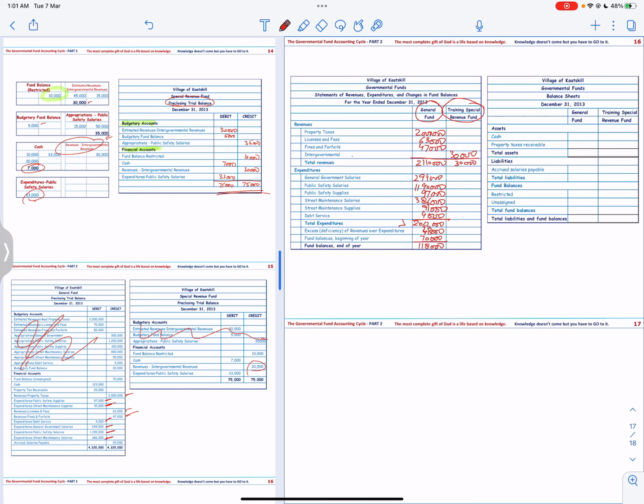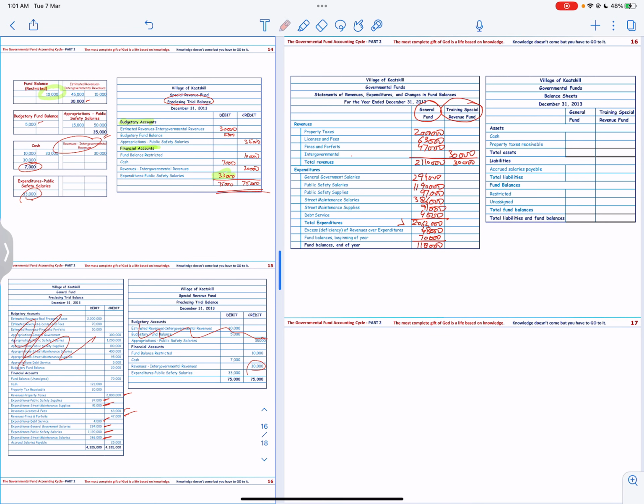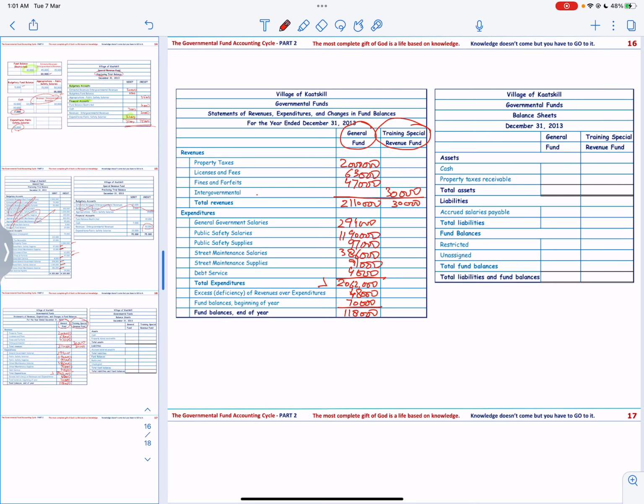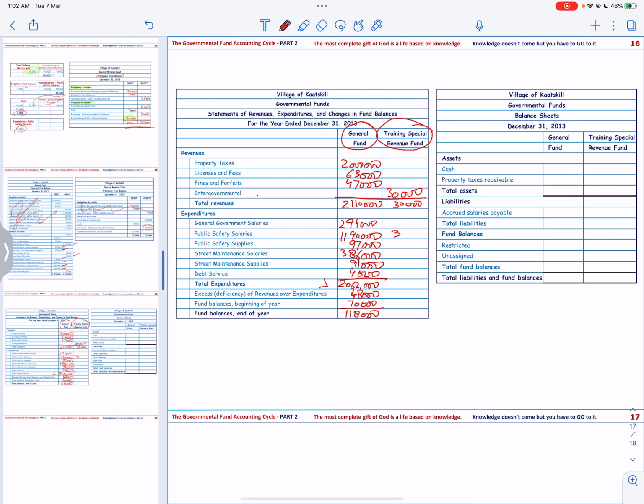And here I think there will be only one expenditure, public safety salaries of 33,000. So the total expenditure is 33,000. Now you see the revenue is 30 and the expenditure is 33.